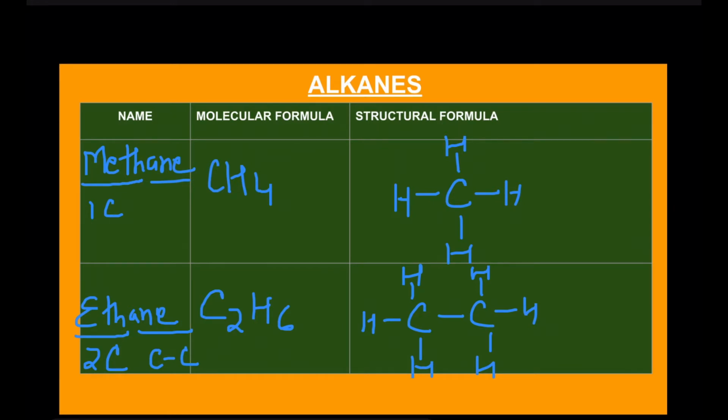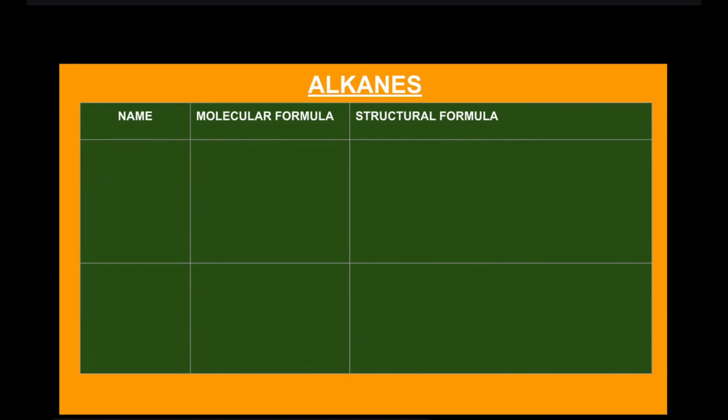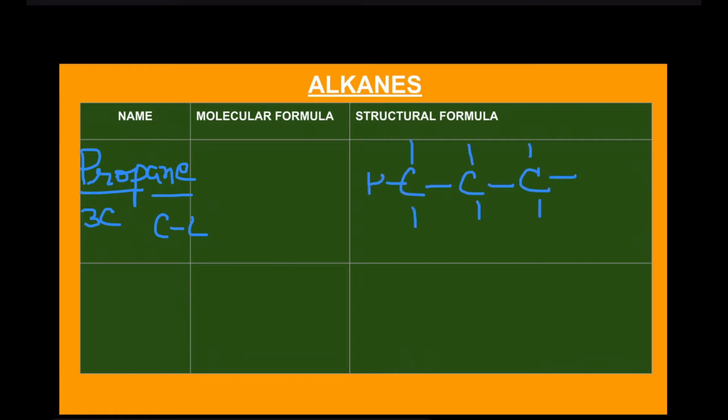Try to write the third and fourth of the alkane series also. Third is propane: prop, 3 carbons, ane, single bond between carbons. Structural formula: every carbon should have only 4 bonds.